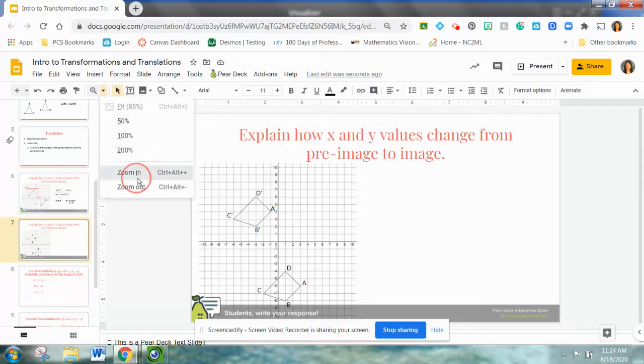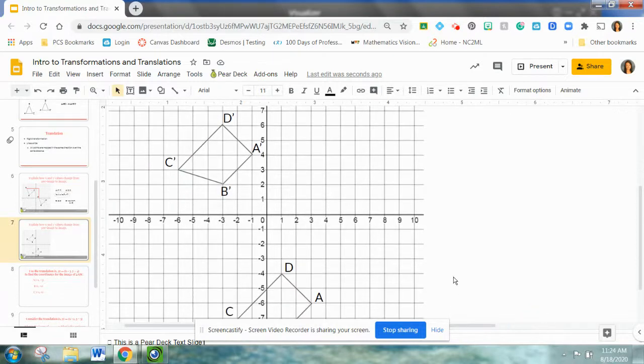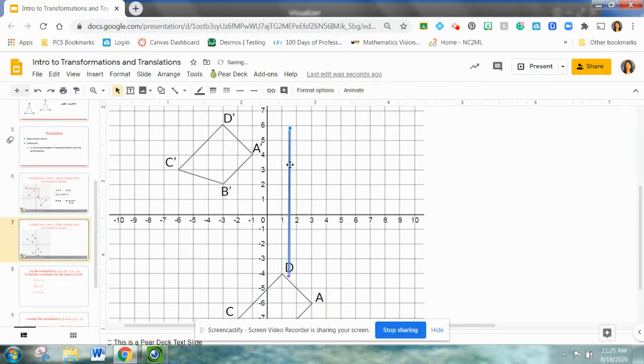All right, so coming back. I'm going to use D and D prime in this case. I'm going to get a line. Now I'm only doing these lines so that I can help you visualize it. You do not have to do this every single time if you are feeling confident. If you feel confident doing this without a line, that's totally fine.